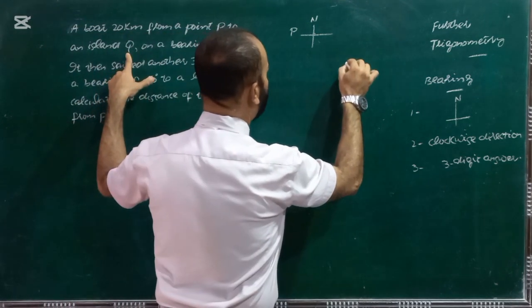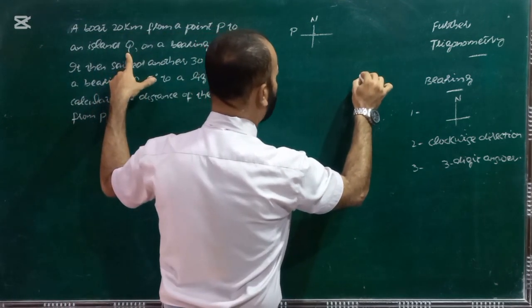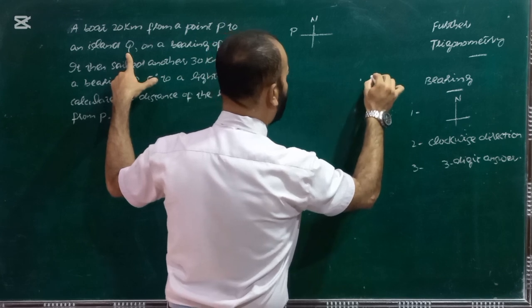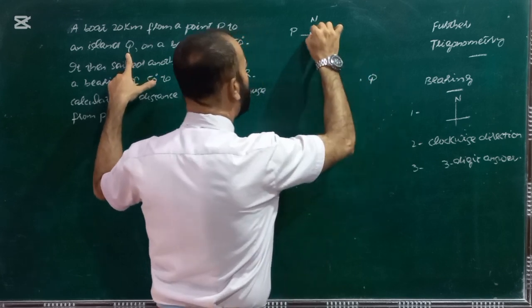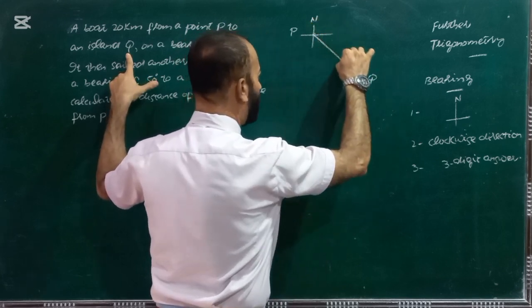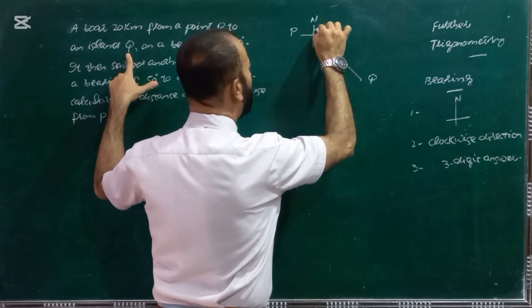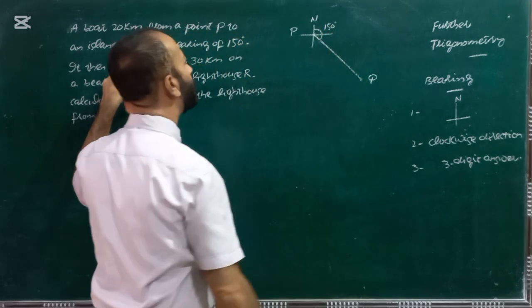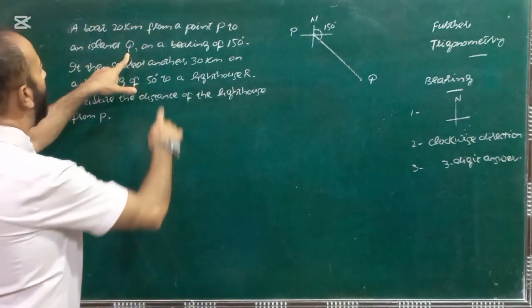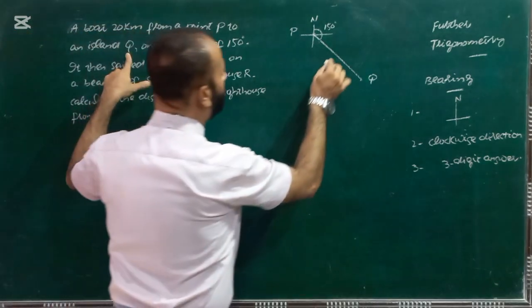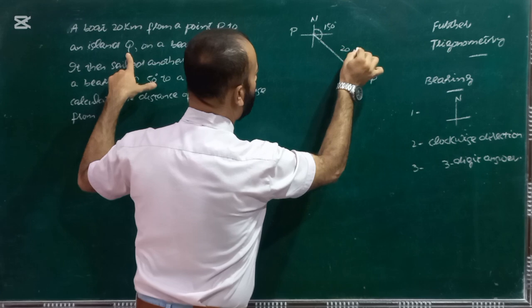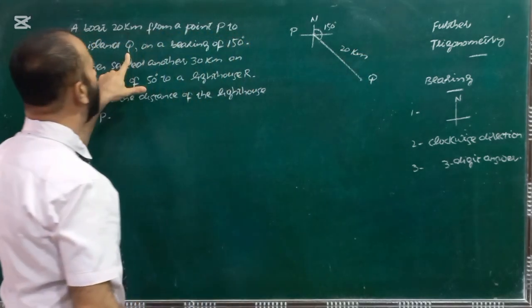So it means Q will be here somewhere. So here is Q, here is P, because bearing is 150 degrees. Okay, and the distance is 20 kilometers. So this is 20 kilometer distance.